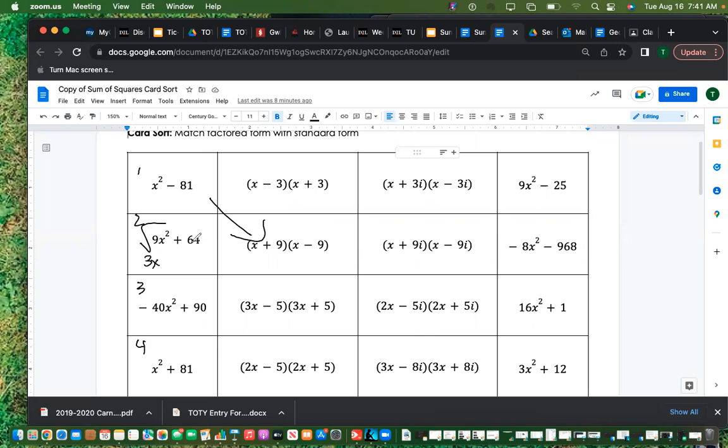And then we've got the square root of 64, but remember, since this is a plus sign in between, you're going to write this as a negative 64. What's the square root of negative 64? 8i. So you're going to get 3x plus 8i times 3x minus 8i. So it's going to be this one right here.